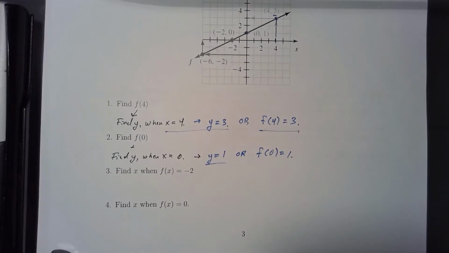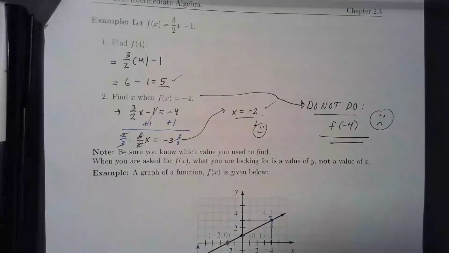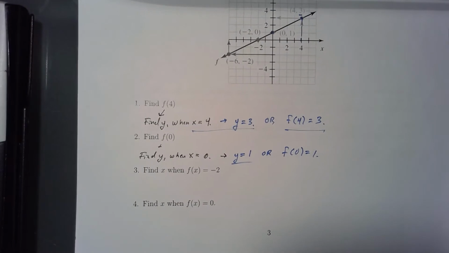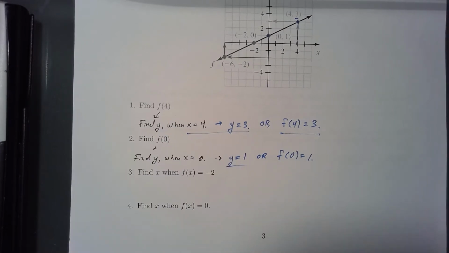Alright, again, now question 3 and question 4. These are similar to this question. So now here I'm trying to find what x is when I know what y is equal to.